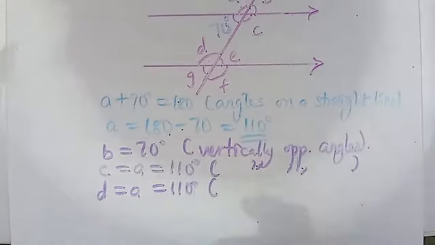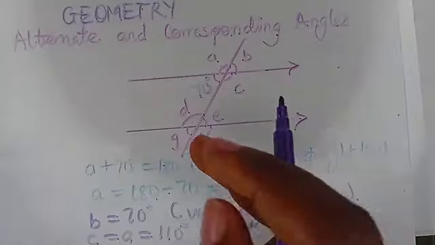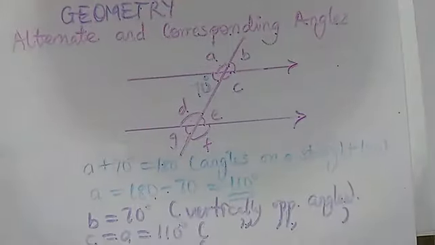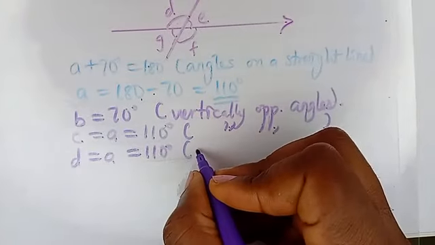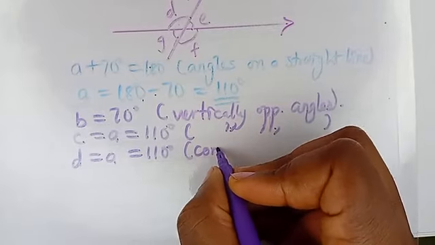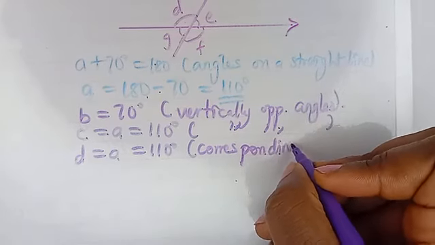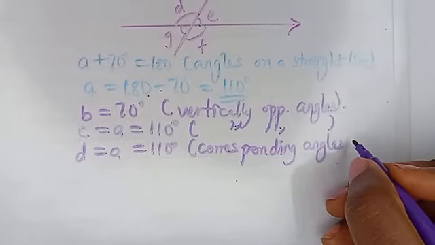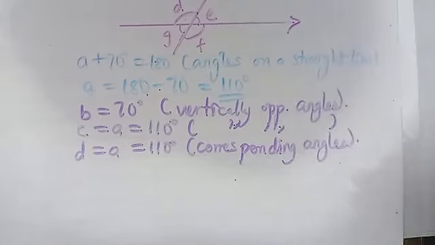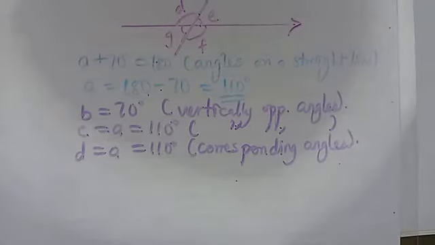And the reason this time is no longer vertically opposite angles; it is a different reason for relating angle D to angle A. So we have that angle D is equal to angle A because they are corresponding angles. Now, writing reasons is as important as solving and getting the right answers. Corresponding angles. Now we are done with D.